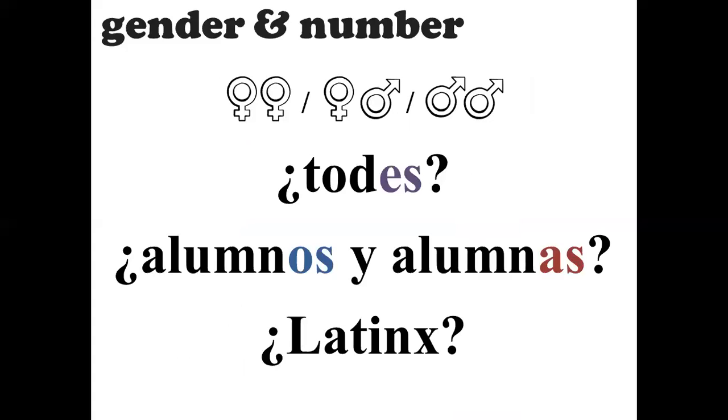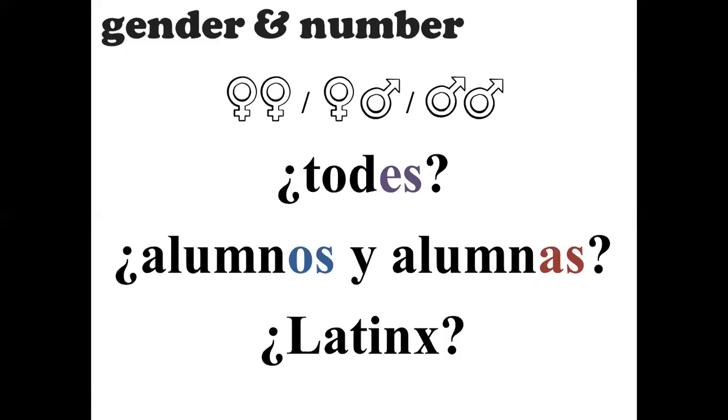There are some movements, just like there are in our language, to degenderize it, to take away that less socially acceptable, more progressive mindset that's coming about. But you can see how difficult that would be in the Spanish language.